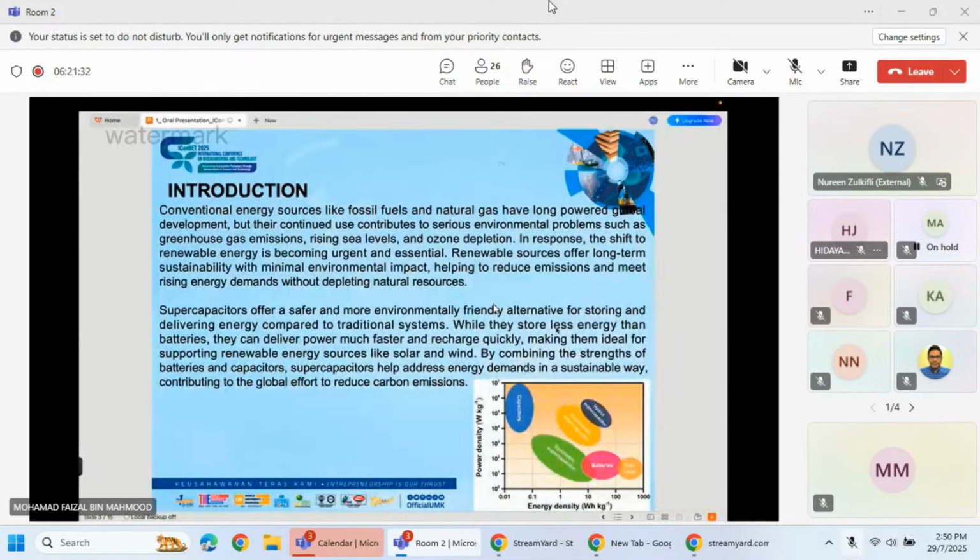While supercapacitors store less energy than batteries, they can still deliver power much faster and recharge much quicker, making them ideal for supporting renewable energy sources such as solar and wind. By combining the strength of batteries and capacitors, supercapacitor addresses energy demand in a more sustainable way to reduce carbon emission.